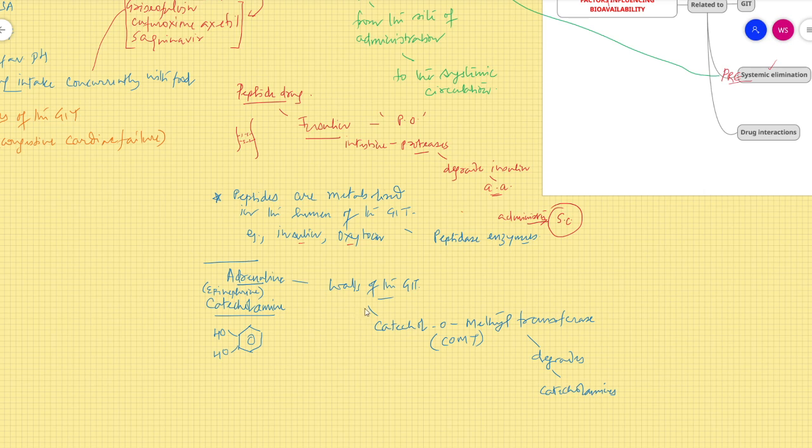So as a result, adrenaline won't have bioavailability if it is administered orally. So what do we do? We give it parenterally. Okay, so this is the second example of presystemic elimination, and the strategy is we give it parenterally.